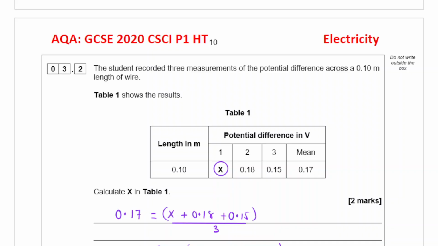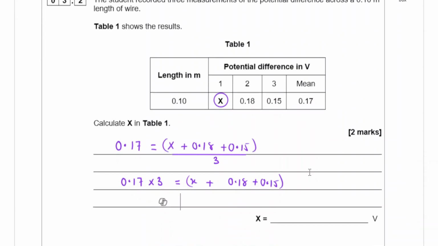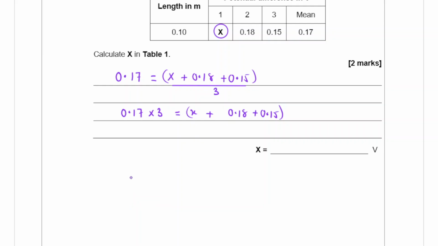Now, if I find the values for this, 0.17 times 3 is 0.51. So 0.51 is equal to X plus, let's add up, 0.18 plus 0.15.